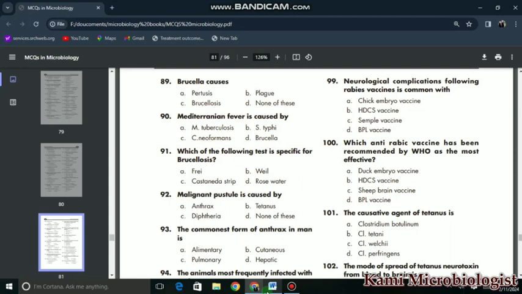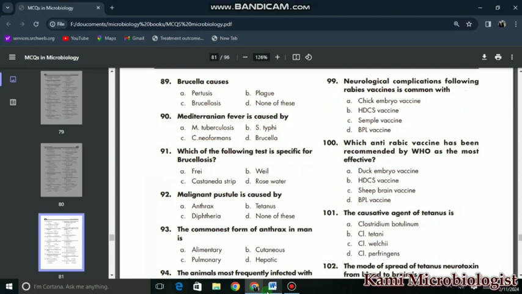Then we have 90, Mediterranean fever is mostly caused by brucella. D is the correct option. 91 MCQ says which of the following tests is specific for brucella. So for brucella, we mostly use the Castaneda strip test.